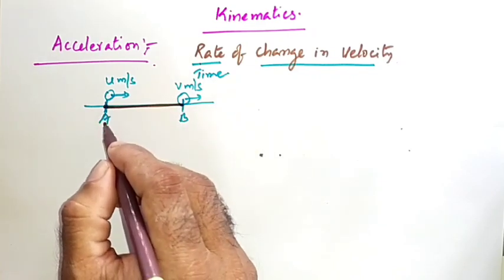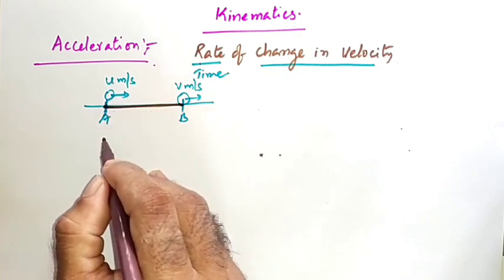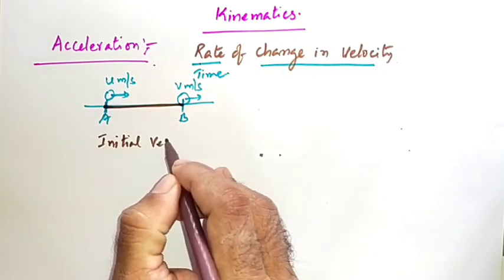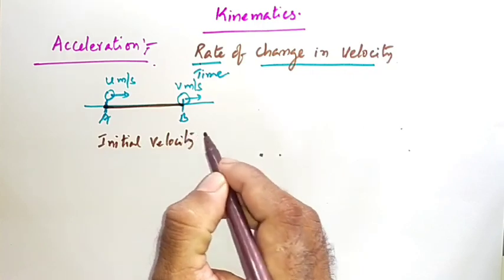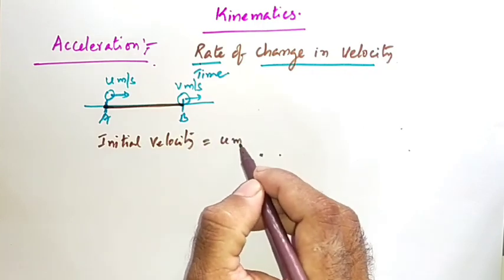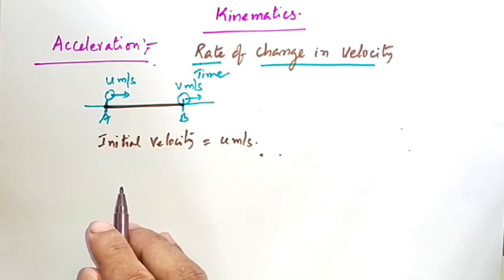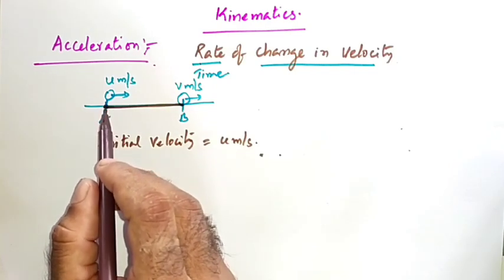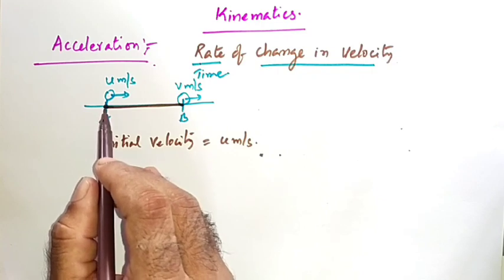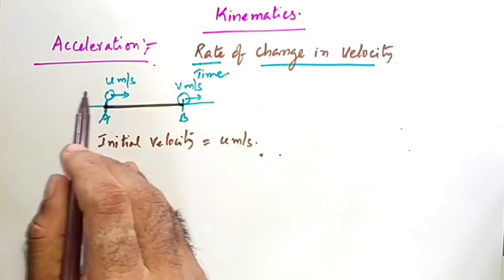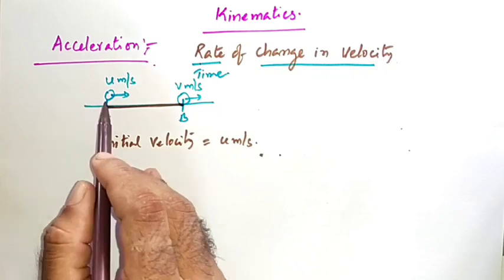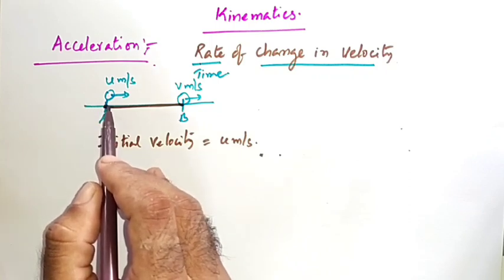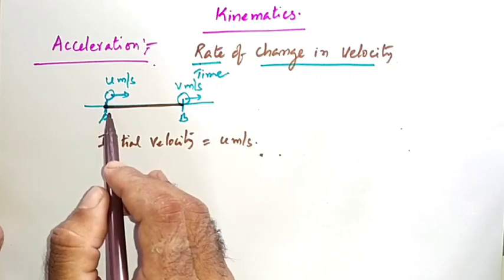Now here, at A, the velocity is called the initial velocity of the body. That is u meters per second. Remember that. Initial velocity means the velocity at your point of observation. Before that also it has velocity, but I am not taking that as initial velocity, because the velocity at the point where I start observing is called my initial velocity.